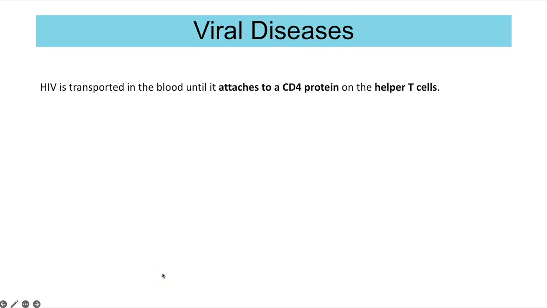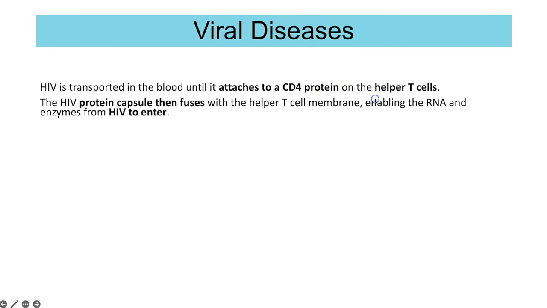So if we have a look at how HIV is transported and how infection occurs, it's transported in the blood, and it attaches to CD4 proteins, which are receptors on the outside of helper T cells, which are part of the immune response.